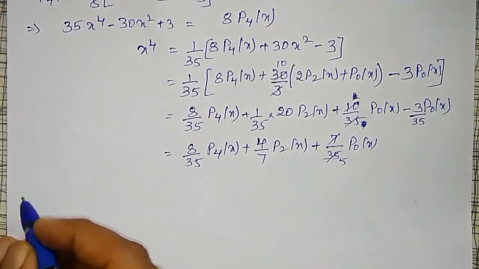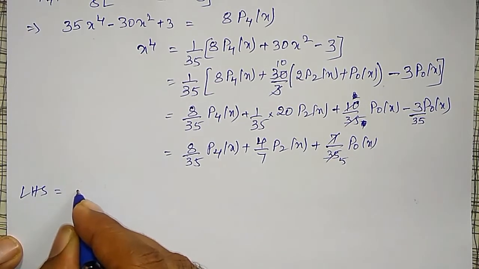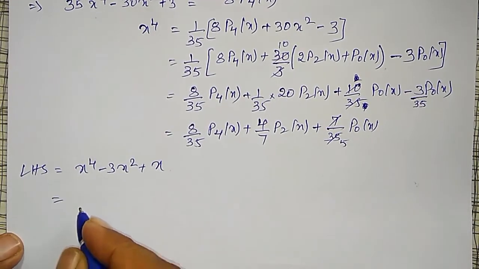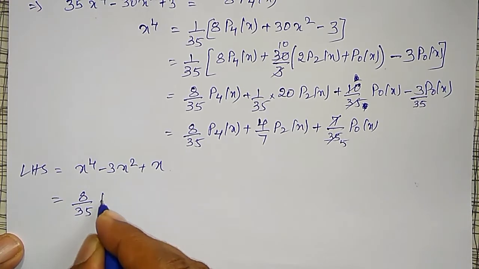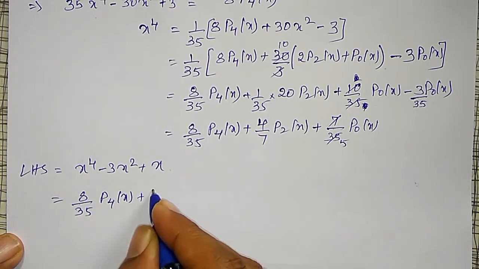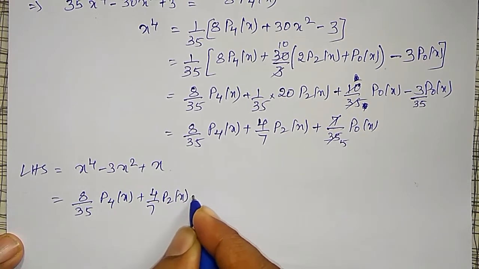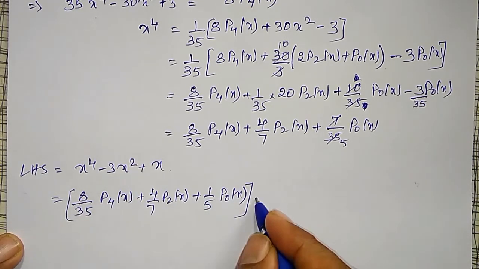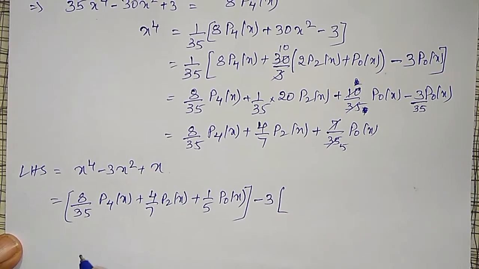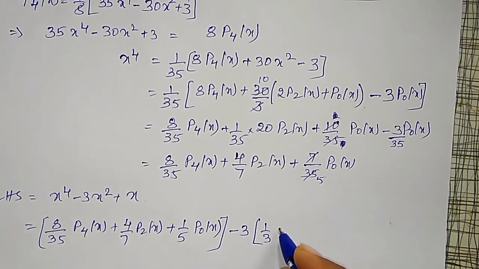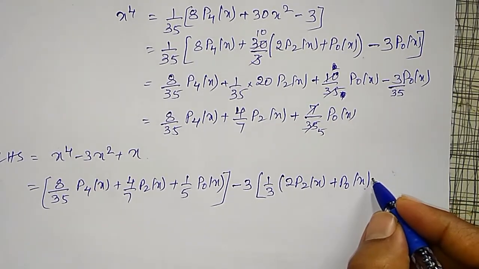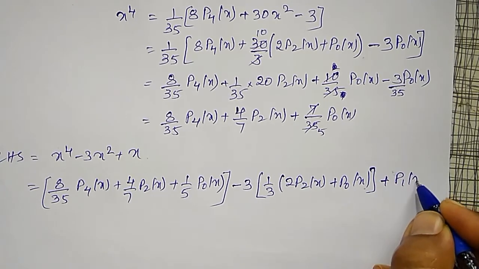That is, LHS equal to x raised to 4 minus 3x square plus x. For x raised to 4, 8 divided by 35 P4 of x plus 4 by 7 P2 of x plus 1 by 5 P naught of x, minus 3 times x square, where x square is 1 by 3 times 2 P2 of x plus P naught of x, plus x, which is P1 of x.